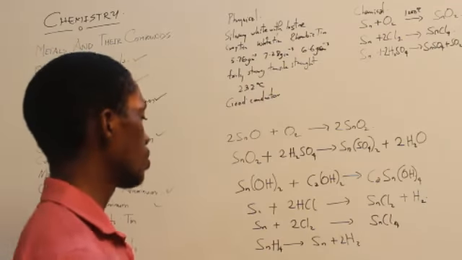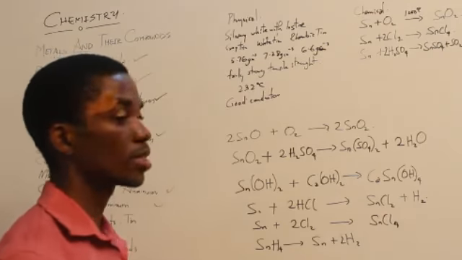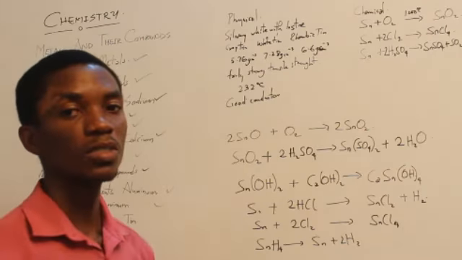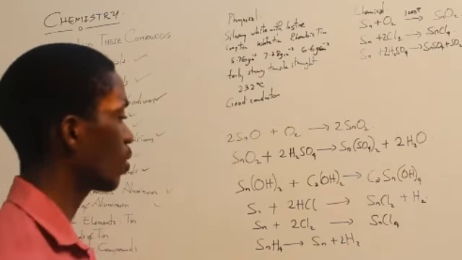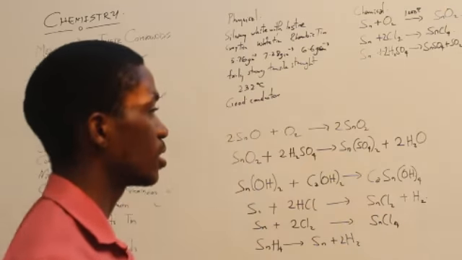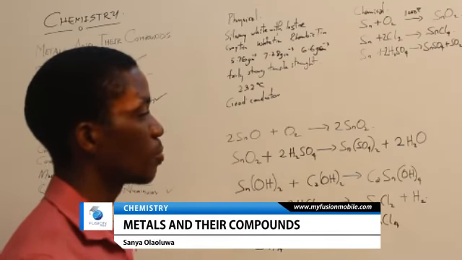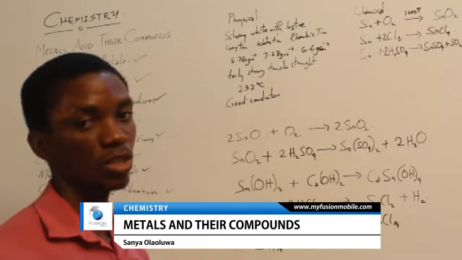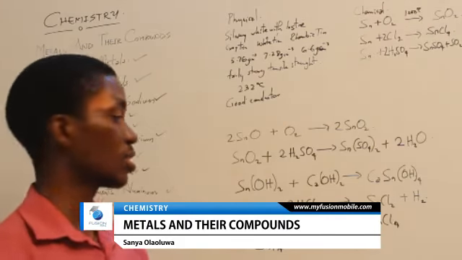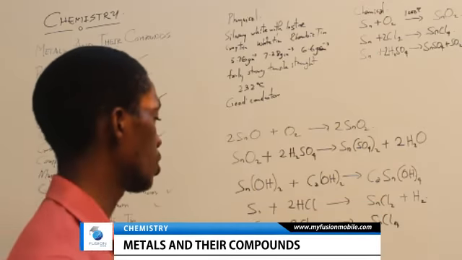So tin 4 chloride is produced when you burn tin in the presence of chlorine in excess quantity. Tin 2 chloride is used for preventing aerial oxidation. It is a salt that can prevent aerial oxidation, so you put it across the surface. The same thing as tin 4 chloride, it prevents oxidation of substances.